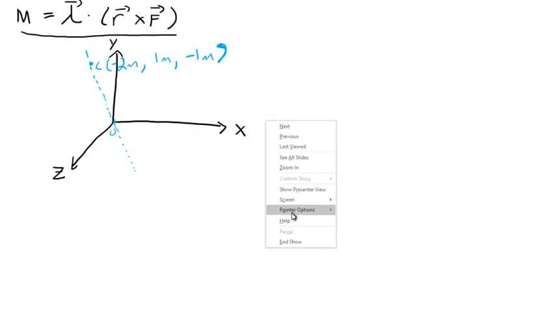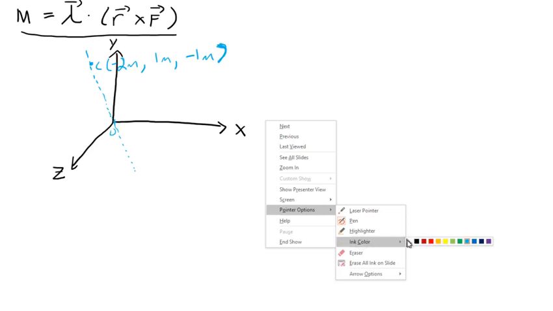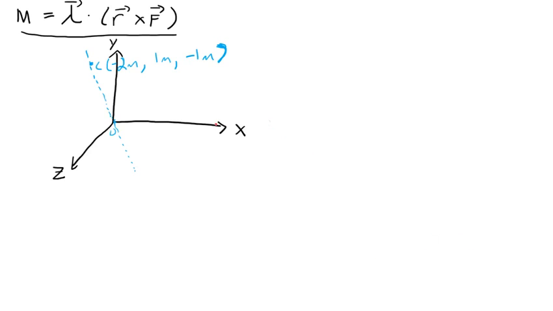And then let us say I have a force out here. I'm going to need a line of action of the force. So let's say somewhere on the x axis I have point B here, and let's say point B has coordinates 5 meters, comma 0 meters, comma 1 meter.